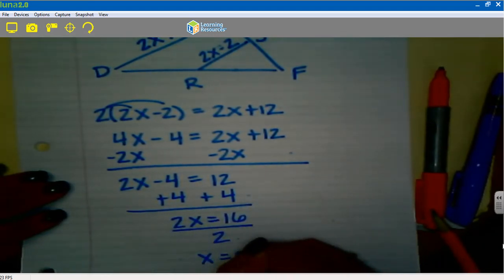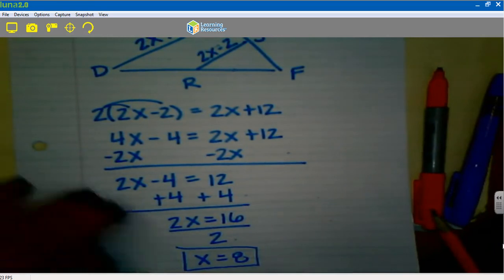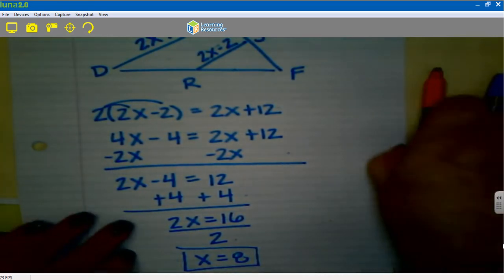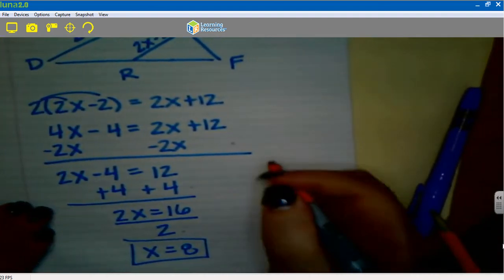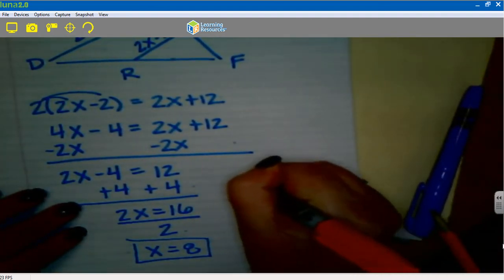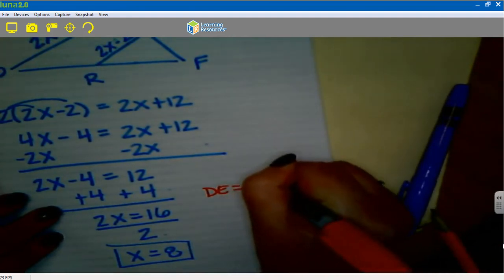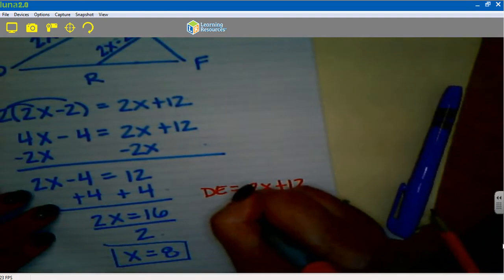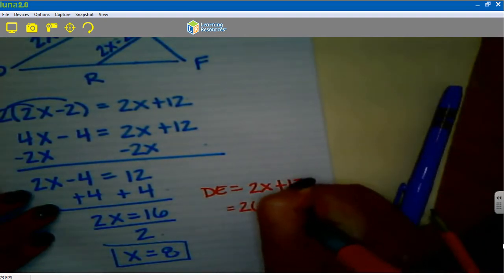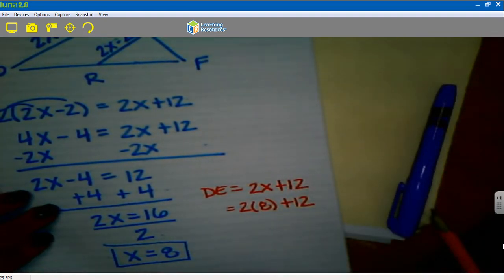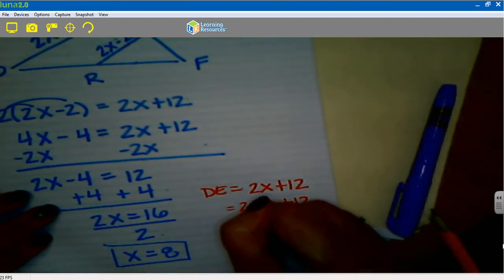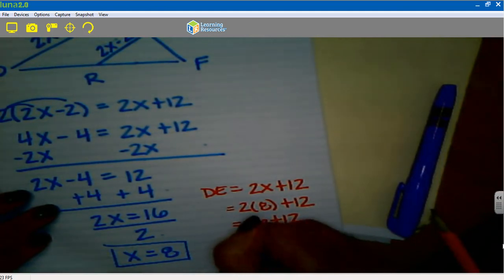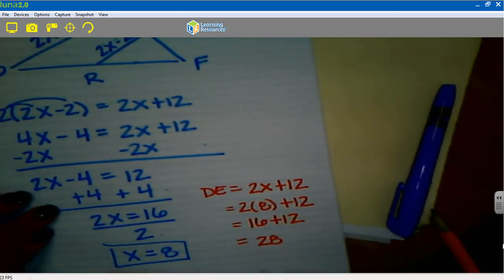Divide by 2, and x is equal to 8. Again, make sure you read the directions. The directions ask us to find DE, and we know DE is 2x plus 12. So 2 times 8 plus 12 is 16 plus 12, and 16 plus 12 is 28.